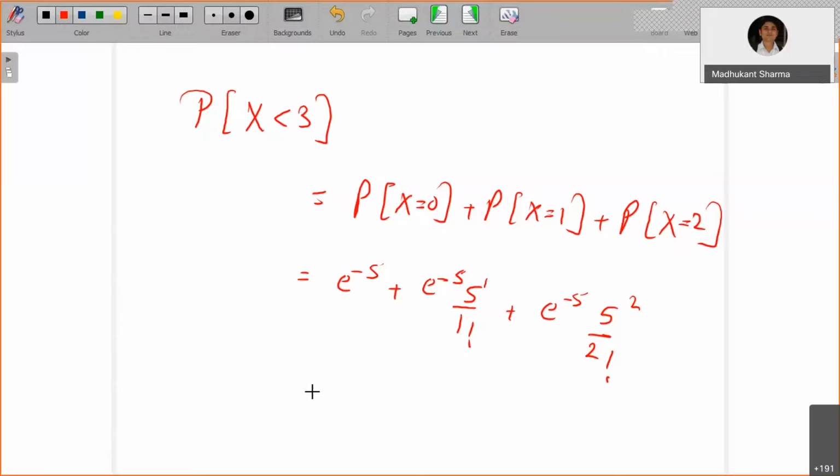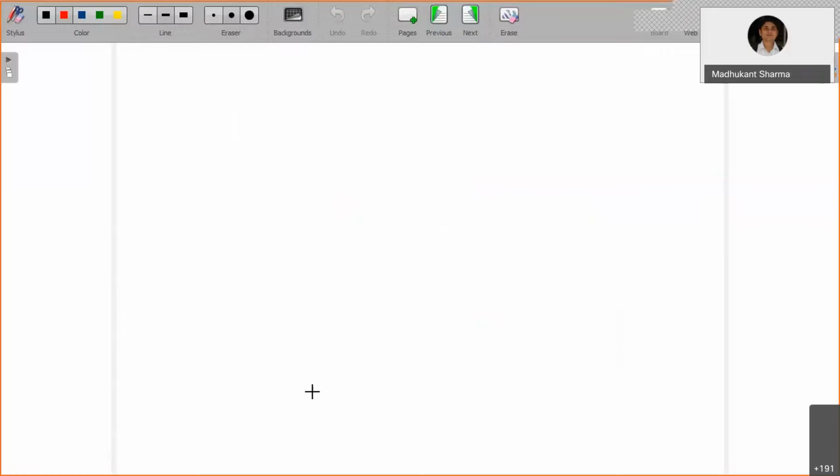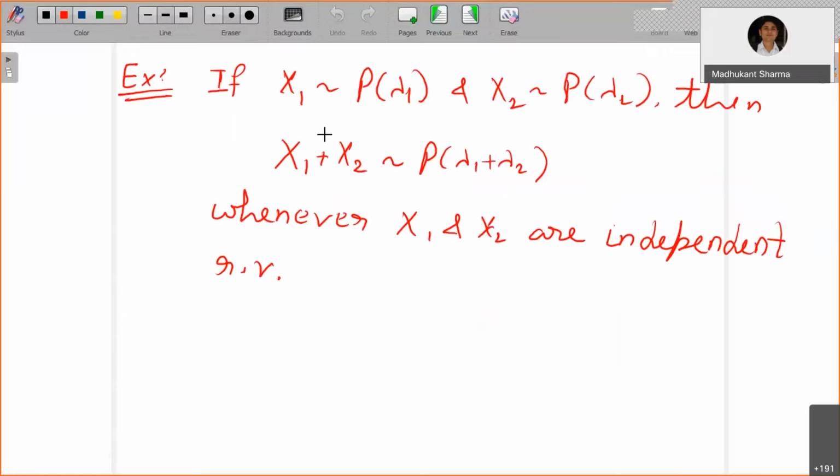Similarly, you can show as an exercise that if X1 follows a Poisson distribution with parameter lambda 1 and X2 follows a Poisson distribution with parameter lambda 2, then their sum will follow the Poisson distribution with parameter lambda 1 plus lambda 2, whenever X1 and X2 are independent random variables. It is necessary to have that independence between the two Poisson random variables.